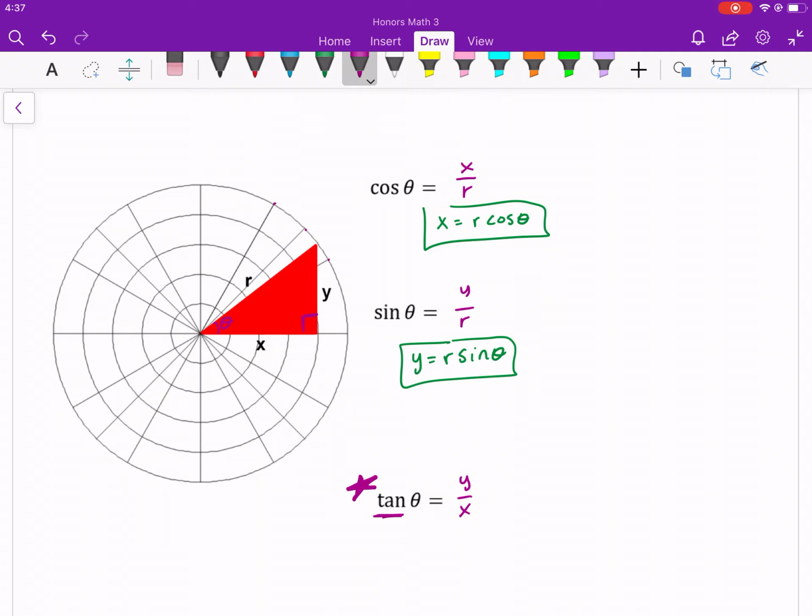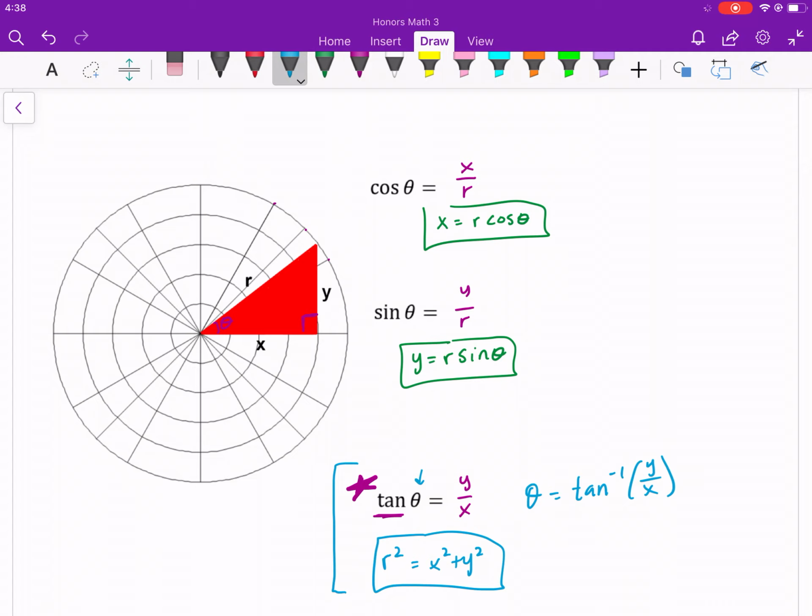Okay, there's one last thing that's going to help us convert. So these last two are actually to help us convert to polar form to find our theta. So really our theta is going to be our inverse of tangent, so our arctangent of y over x. Now, using the Pythagorean theorem, you can find your radius squared by just doing x squared plus y squared is equal to our radius squared.